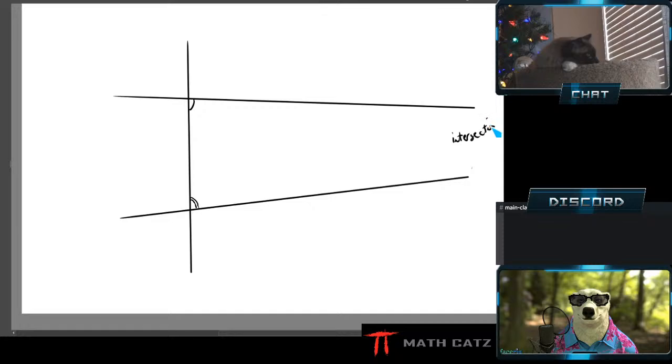Intersection is inevitable. Or another way of saying it, the property of parallel lines comes out of this postulate. As soon as I don't have 2 90-degree angles here, these are not parallel and they will intersect eventually.